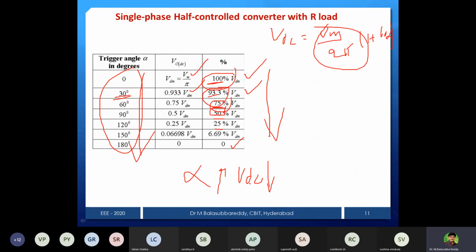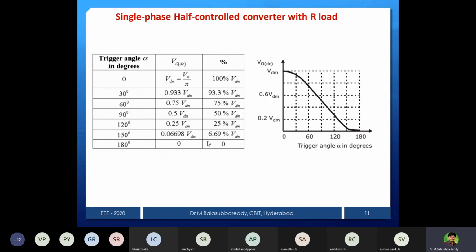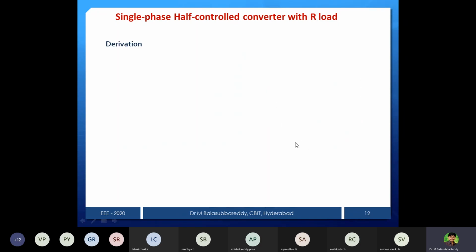This is the way we get alpha versus average output voltage. You can see the waveform also: the x-axis is alpha 0 to 180 degrees, and the y-axis is the output. You get a gradual decrease, and finally it reaches 0. So this is the single phase half controlled converter with R load.